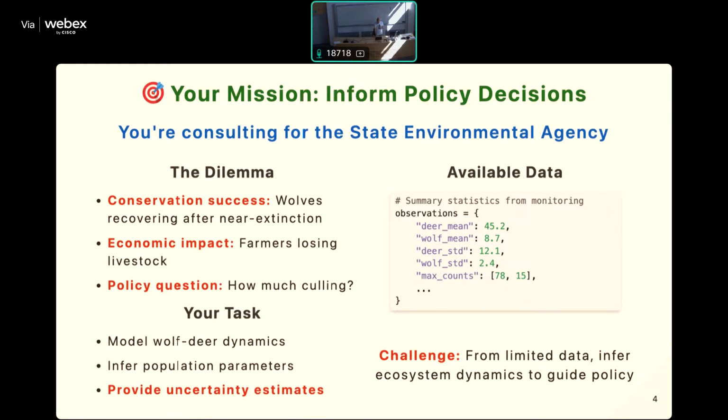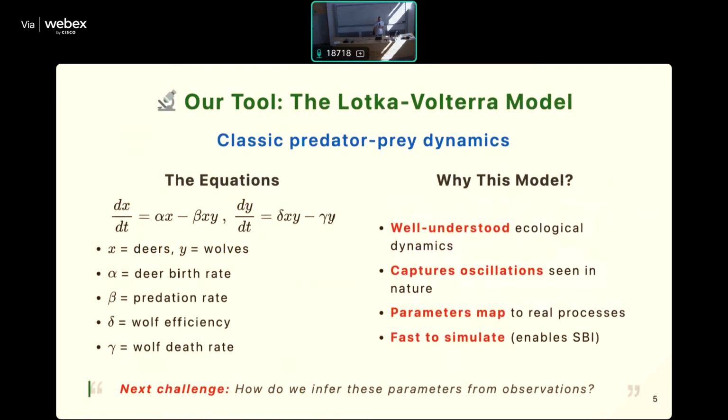And we're going to be using a simulator that is a classic model in ecological modeling. It's called the Lotka-Volterra model, and it's a classic model for predator-prey dynamics. So I'm going to quickly explain these equations, two differential equations. We have two populations. The X population is the deers, and the Y population is the wolves.